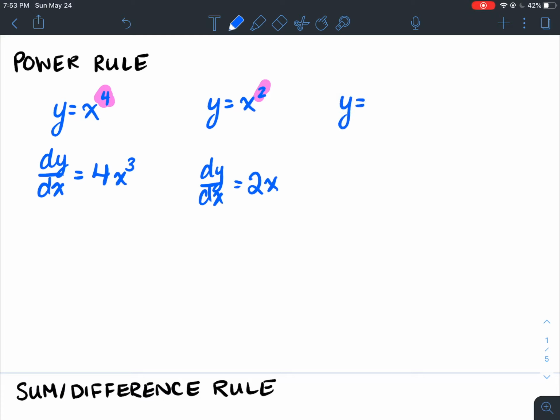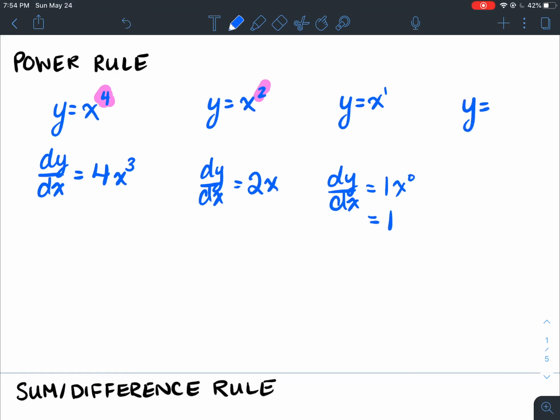What if you just had y equals x? Technically it's x to the power of 1. So you'd put the 1 out front, write the x, and the original exponent was a 1. If we subtract 1, 1 minus 1, we get 0, and we know that anything to the power of 0 is 1. So this derivative would just be 1.